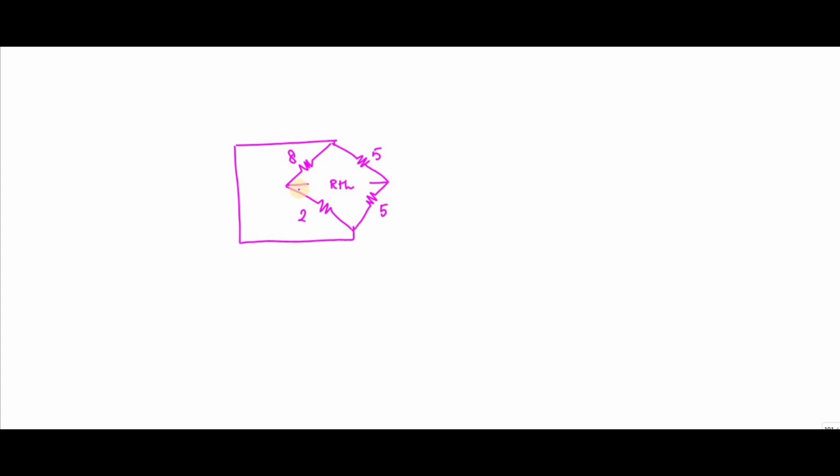Therefore, you can see it. If I redraw, we can easily find out which two resistors are in parallel. For that, you have to mark the values of A and B, right? So this equivalent circuit can be redrawn like this, right?